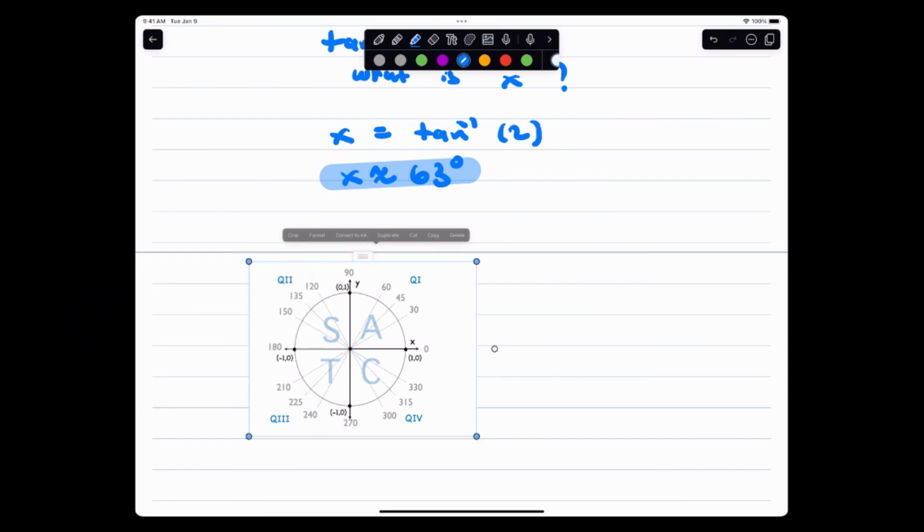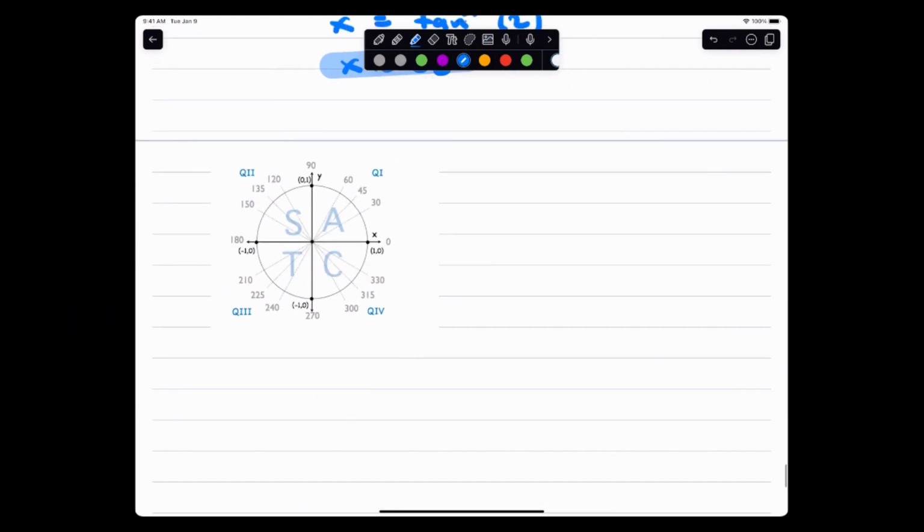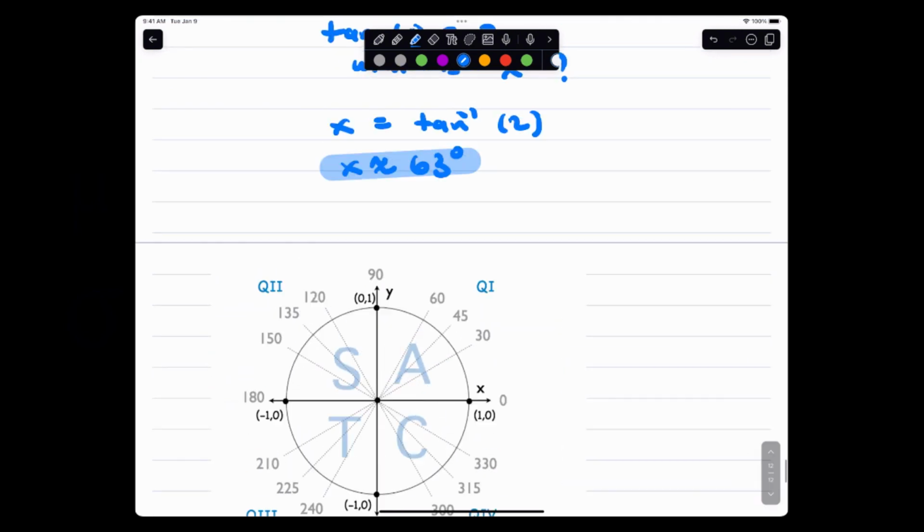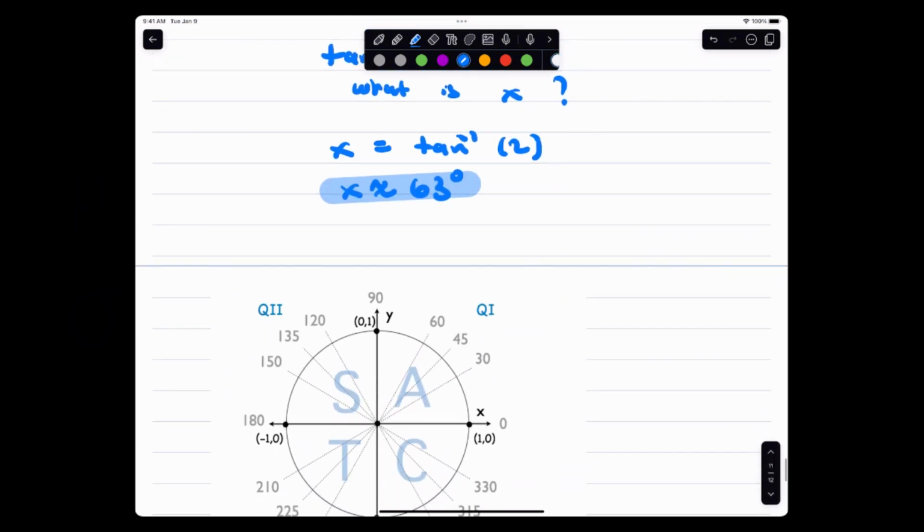Okay. Anybody remember anything about inverse tangent? What's inverse tangent defined for? That's a detail. Isn't that defined for negative pi over 2 to what? Positive pi over 2.